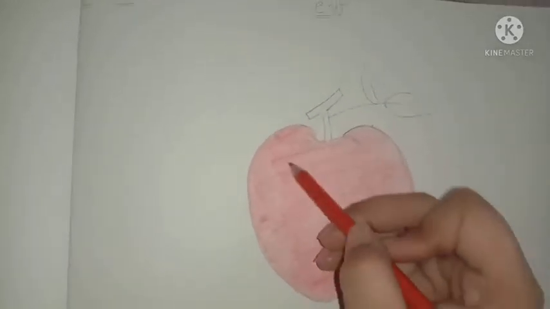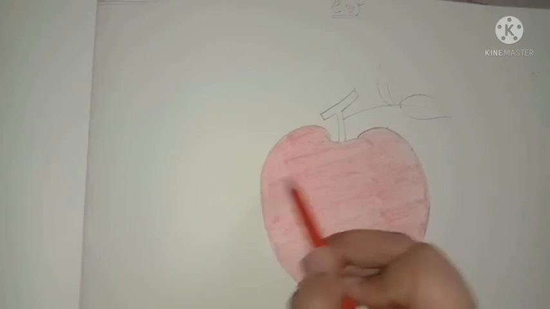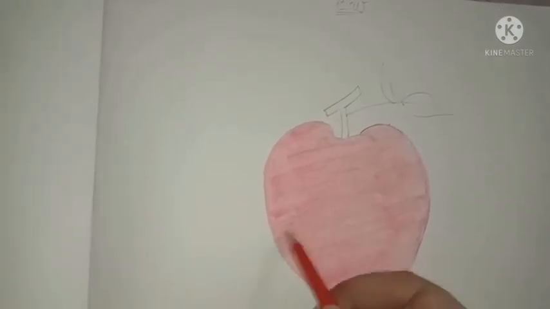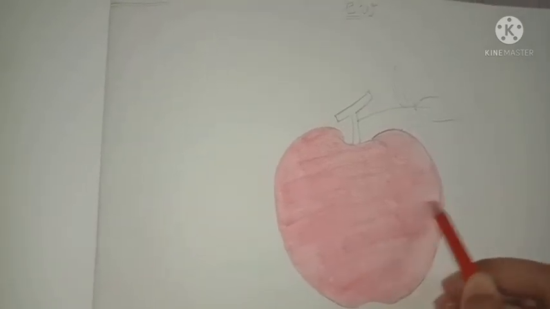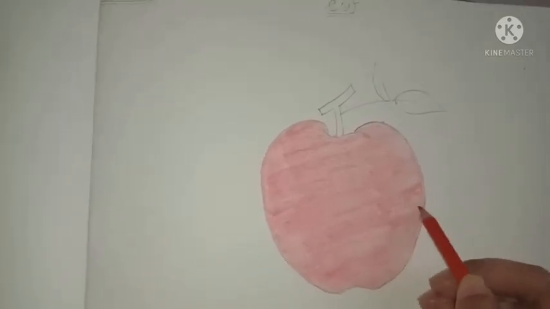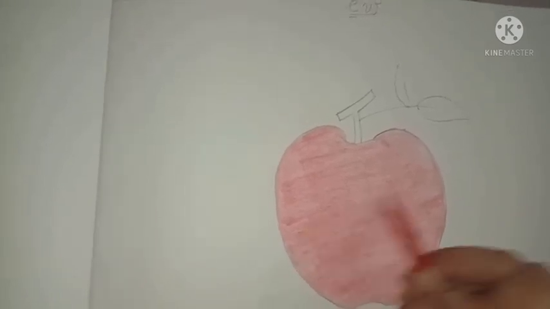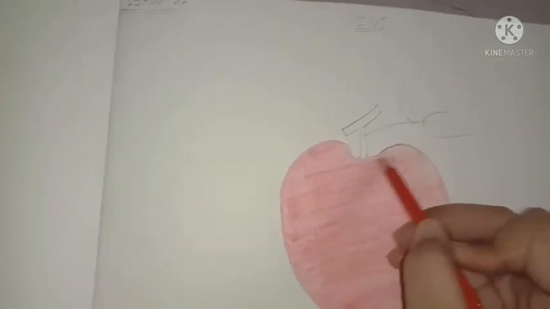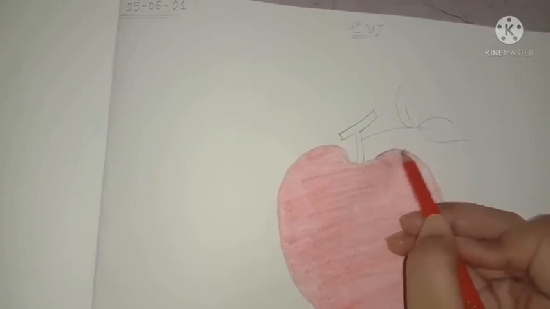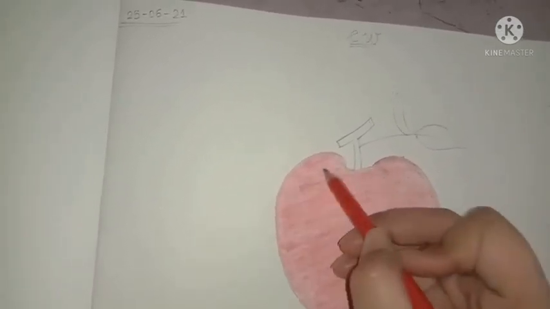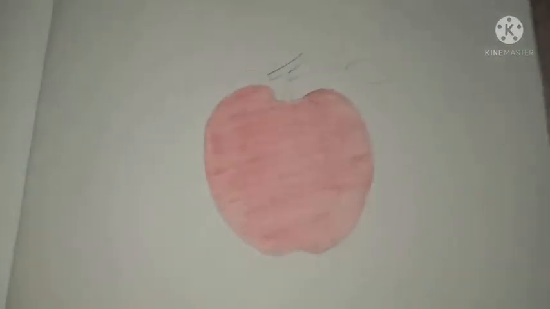Okay. Now red color is done. Now which color will we do? Now we will do brown color, a little bit dark from here, from here, from here. Okay, done.